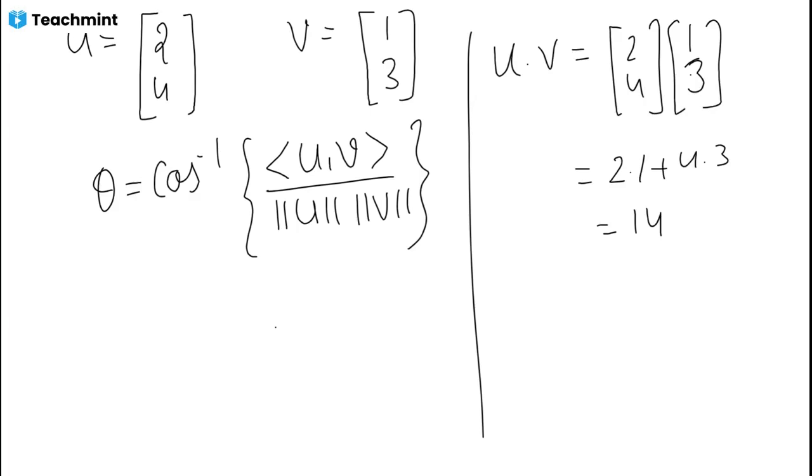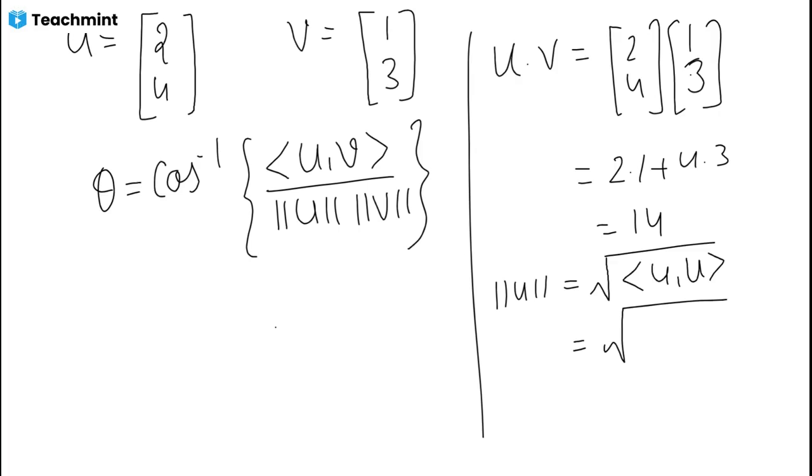Now let us find norm of u, that is equal to the inner product of u with itself, and that will be 2 with 2 plus 4 with 4. Are you getting this point? I'm also solving, ma'am. Just give me 1 minute. Okay, sure. That's good.